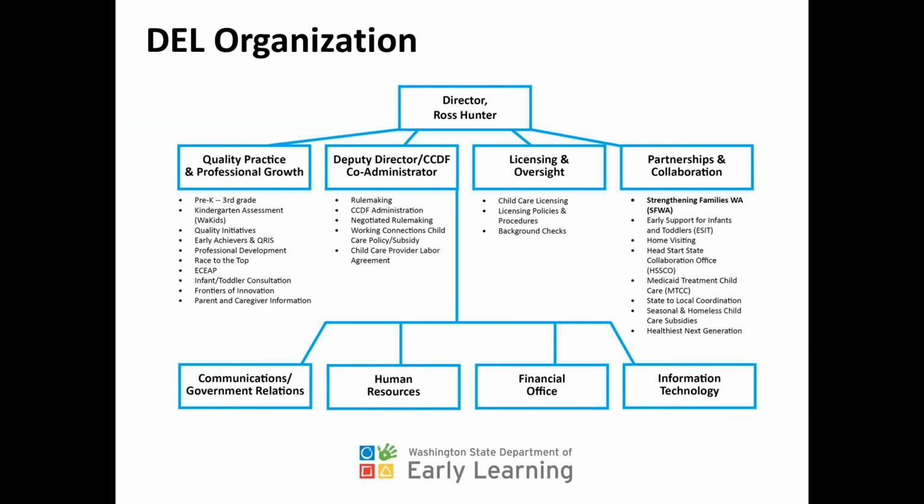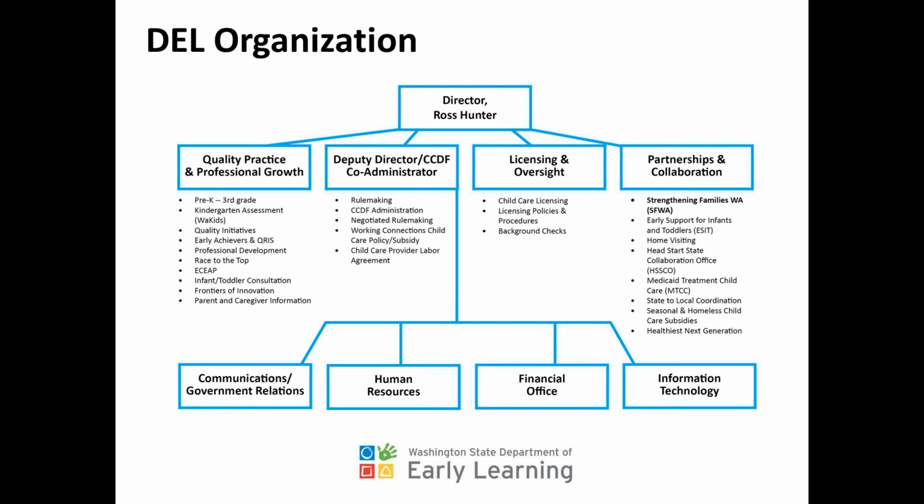As you can see, ECEAP is in the QPPG division, aligning with early achievers and other quality efforts. So our PK through third grade alignment and WA Kids work is within QPPG, as well as early achievers, our professional development work, and ECEAP.